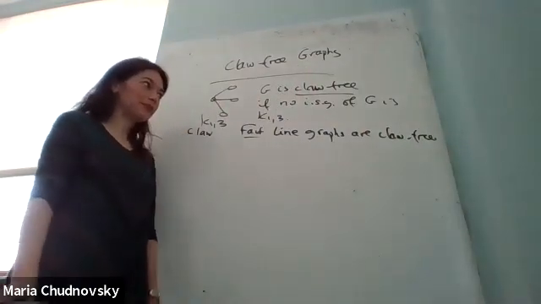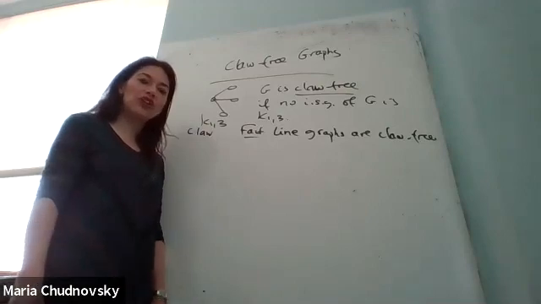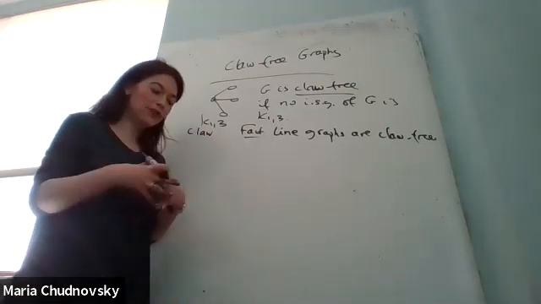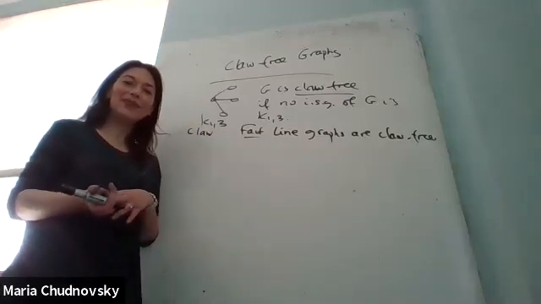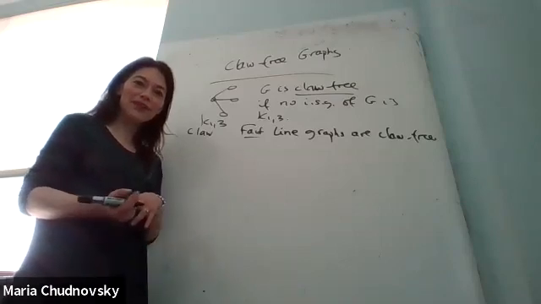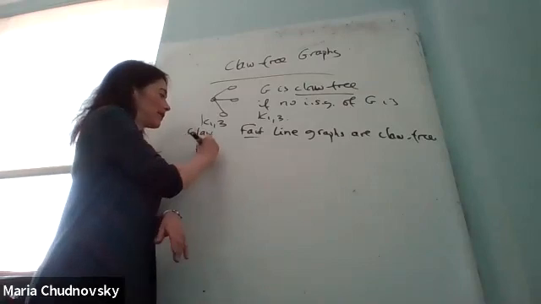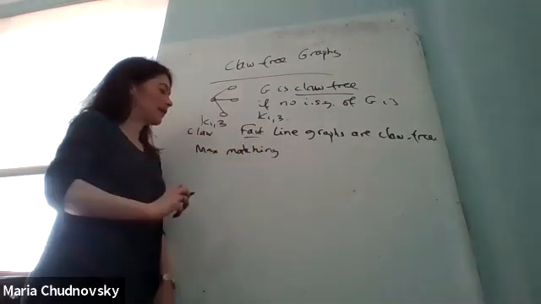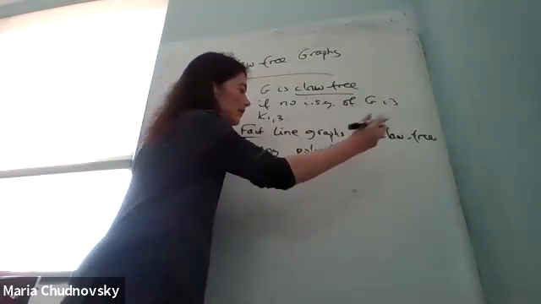Traditionally, claw-free graphs are generalizations of line graphs in the sense that there are all kinds of algorithmic problems that you can solve in line graphs, and then sometime later somebody solves them in claw-free graphs. Probably the most well known is max matching, and that's a theorem of Edmonds.